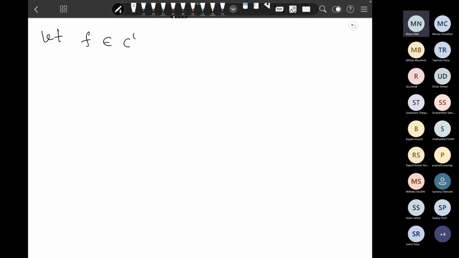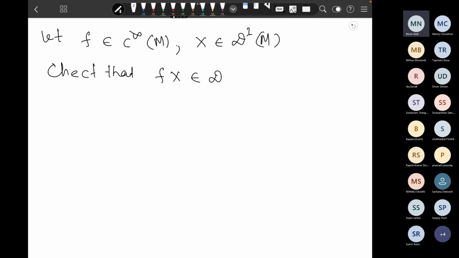Now let f belong to C infinity M. Check that if X belongs to D1 M, it is a vector field, then f X is also a vector field.